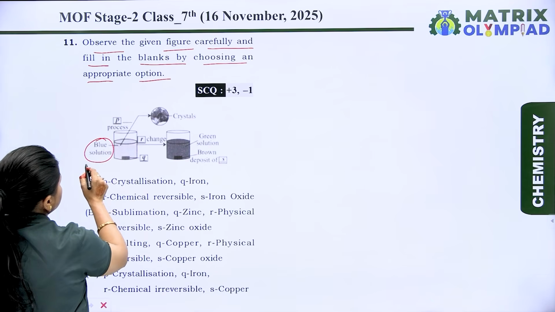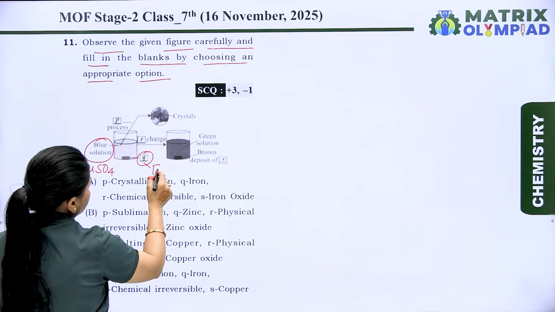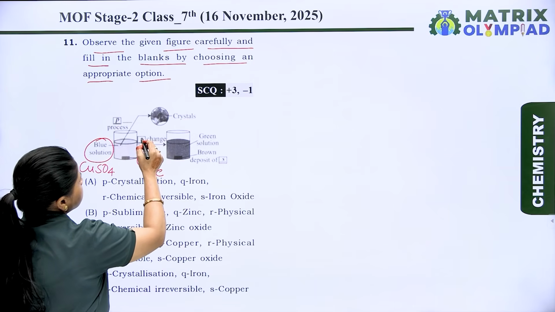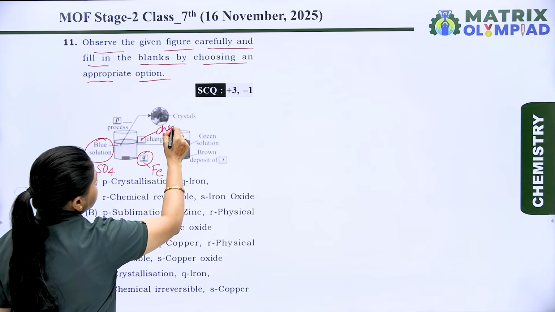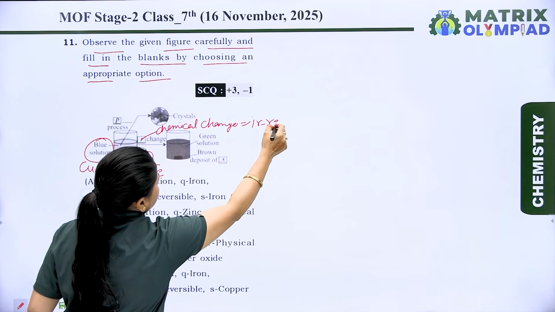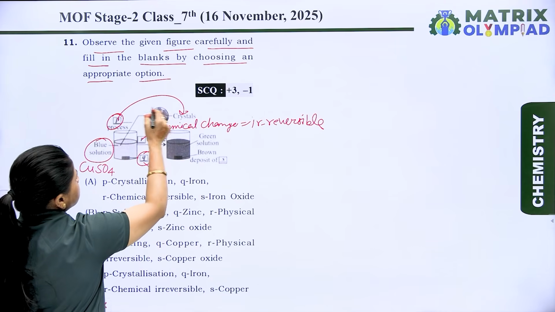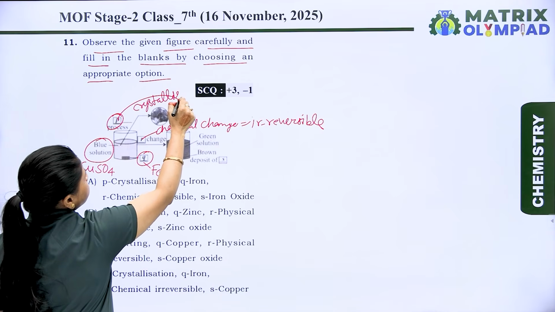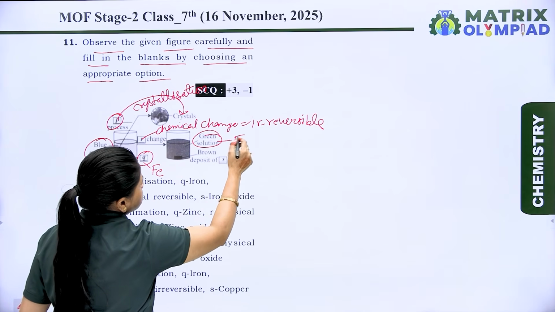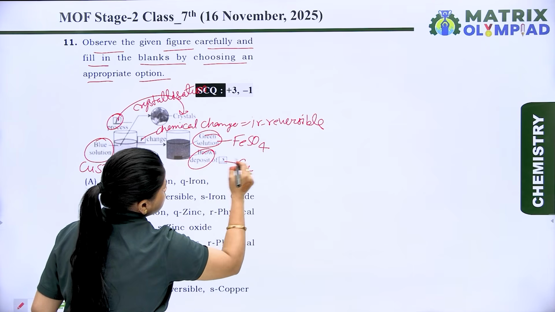Here the blue solution can be taken as copper sulfate, Q can be taken as iron, and after reaction between copper sulfate and iron, the reaction is called a chemical change which is irreversible, and the process P is showing crystallization, and the green color solution is FeSO4 and the brown deposition is taken as copper.